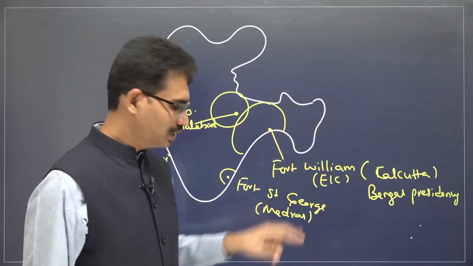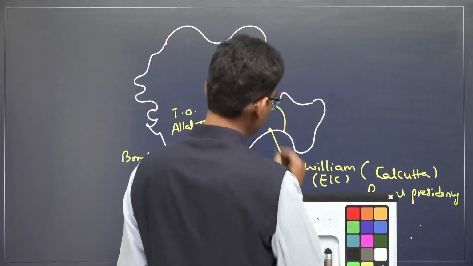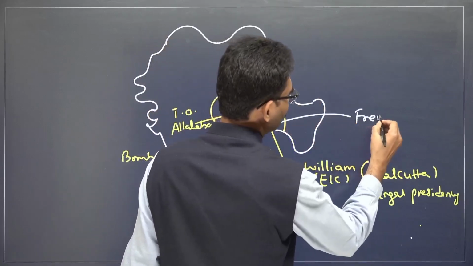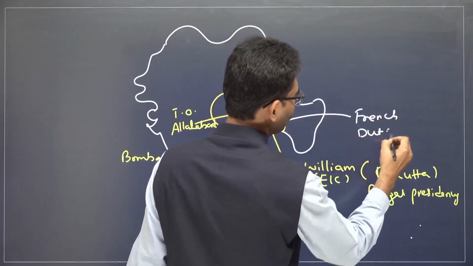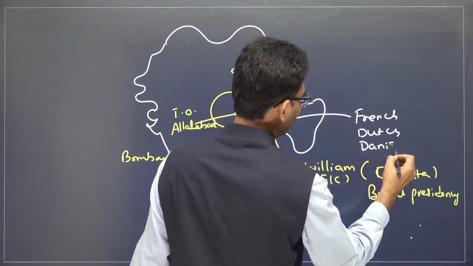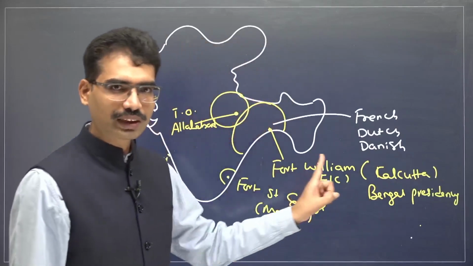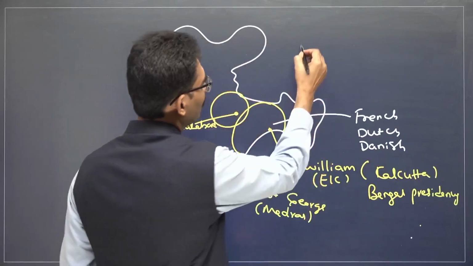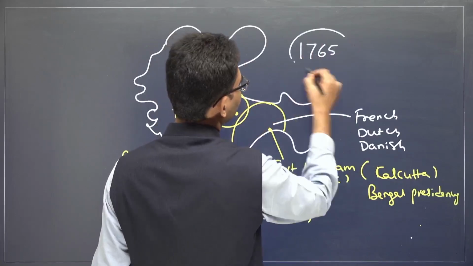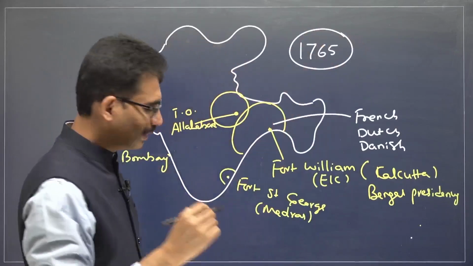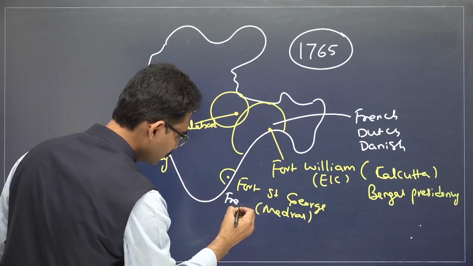Now, along with the East India Company, along with the English, there were French people also, Dutch people also, Danish people also. Remember, these people are also there. Now we are talking about 1765. In 1765, here also French people are there.